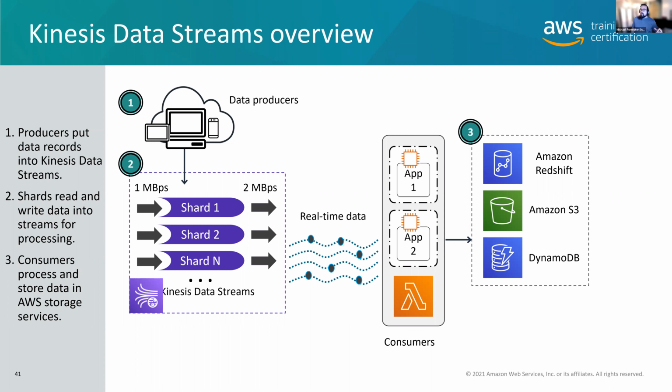Just know that you can have multiple shards. Your data is automatically parsed and hashed and put on one of these shards. And if you want to increase the bandwidth of your stream, you have to split shards, because every shard can handle only this much bandwidth. So if you need 10 megabytes of ingestion, you're going to need at least 10 shards.